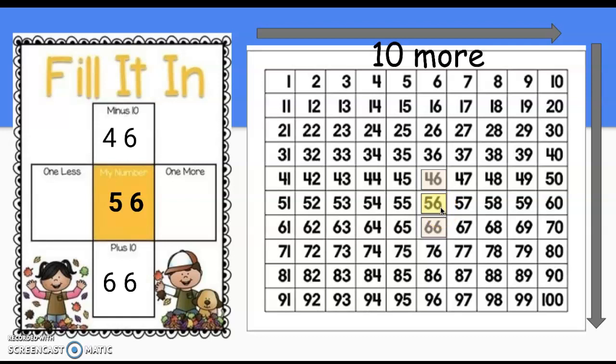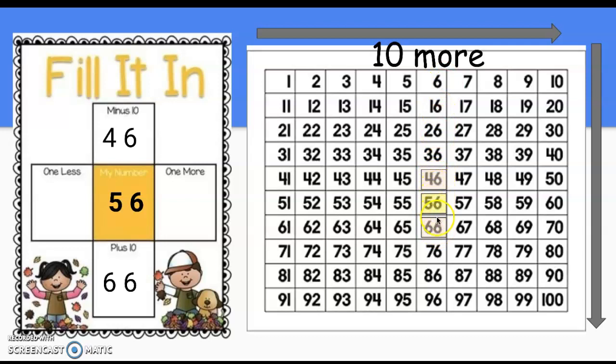Count with me. 1, 2, 3, 4, 5, 6, 7, 8, 9, 10. So 10 more than 56 is 66. I put 66 in the plus 10 box. Do you notice anything about these numbers? Look, they're in the same column.